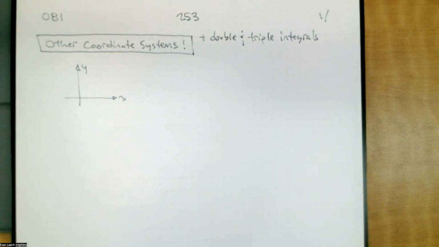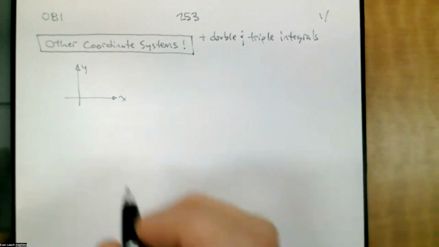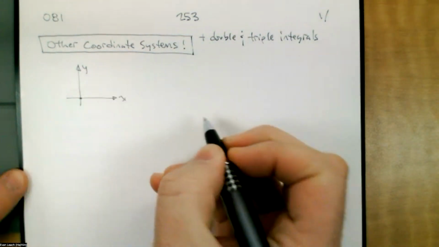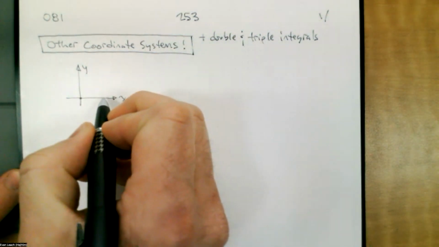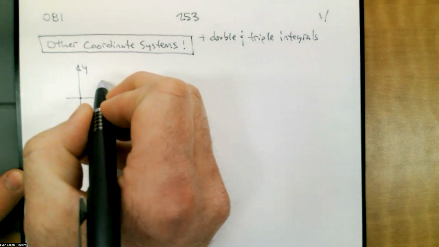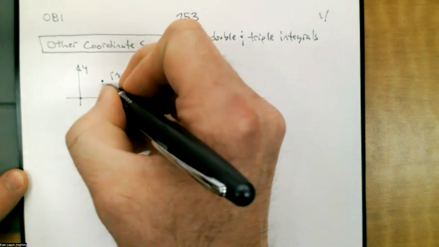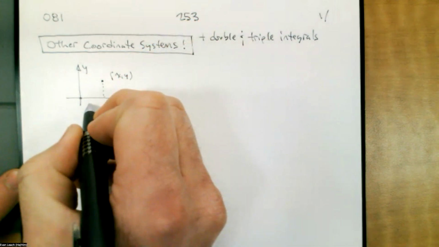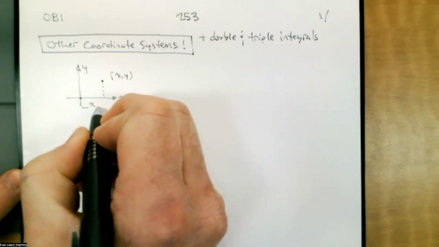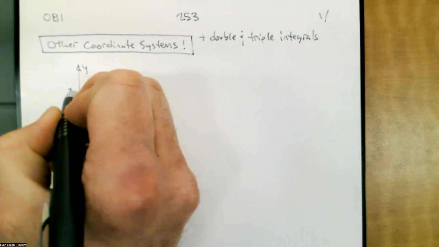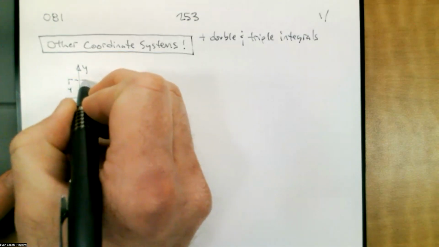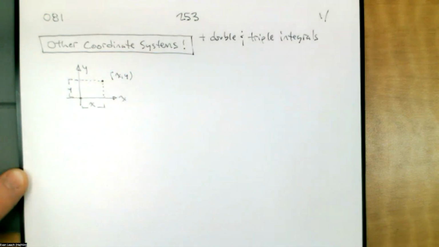All right, so let's review rectangular coordinates. We start off with an origin, and we label all the points in R2 with an X and a Y coordinate. X is the horizontal distance from the origin to the point, and Y is the vertical distance from the origin to the point.